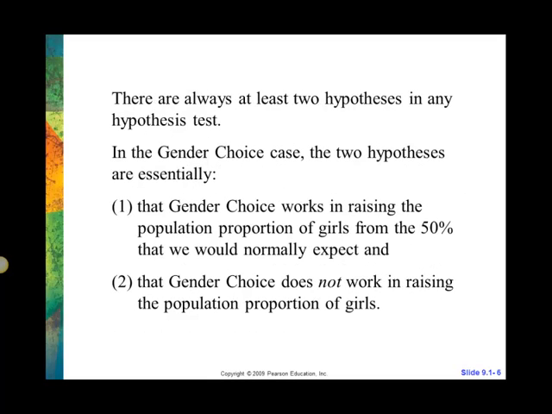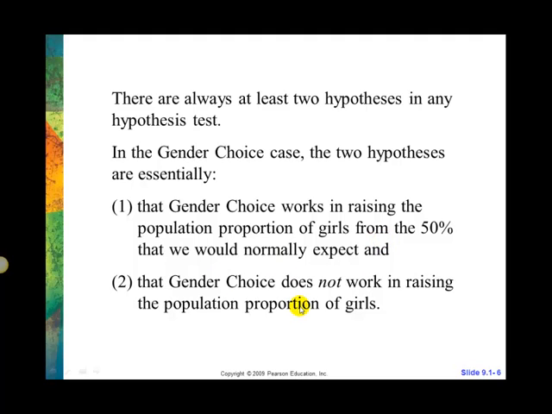When we have our test, we have to have two choices. Remember, we always have probability: it happened and it didn't happen. Those are A and not A. So we have that it works at raising the population proportion from 50%, and that it doesn't work.